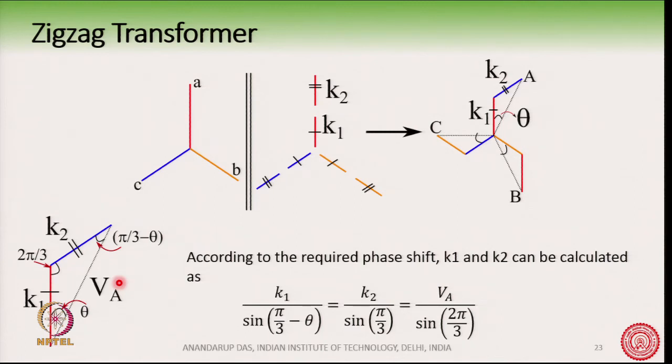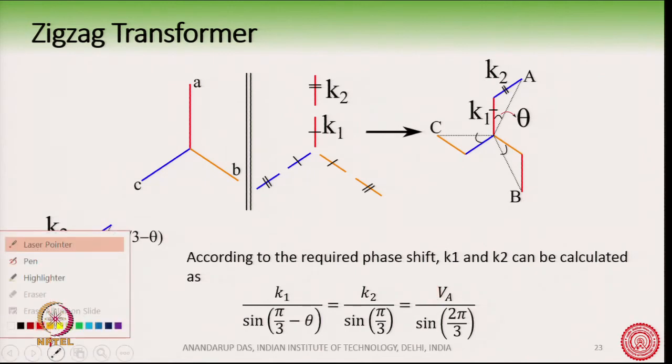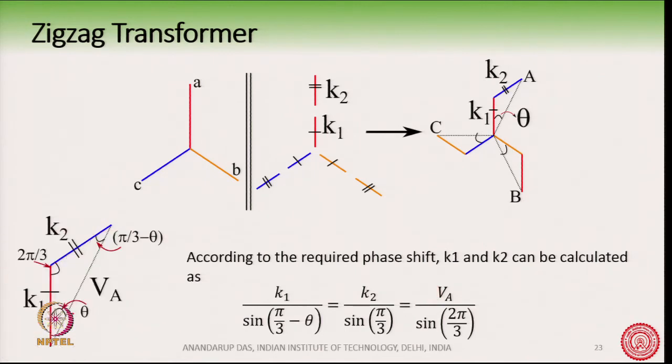Therefore, we can write K1 by sin pi by 3 minus theta is equal to K2 by sin pi by 3, which is equal to, no, there is a small mistake here. We should write K1 by sin(pi by 3 minus theta) is equal to K2 by sin theta.